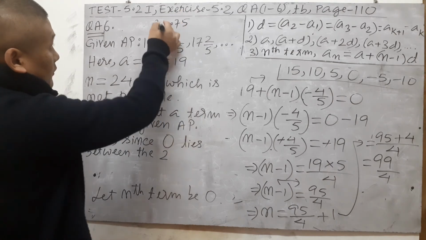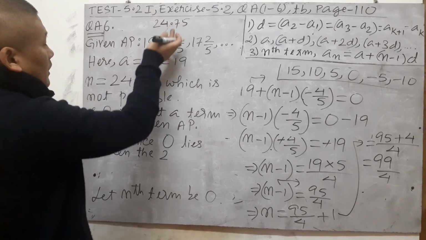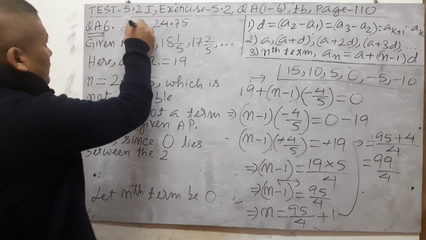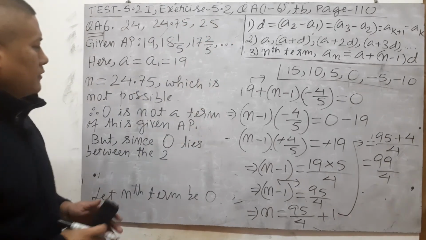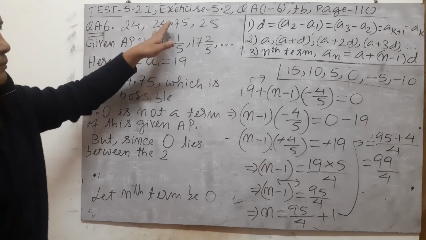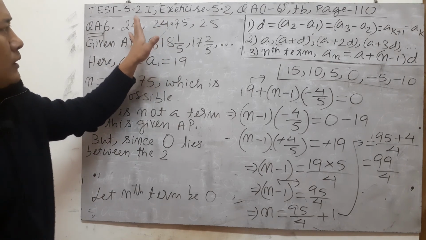No need to write this, or if you want you can write on rough also. This is bigger than 24 but smaller than 25, which means 24.75 is between 24 and 25.